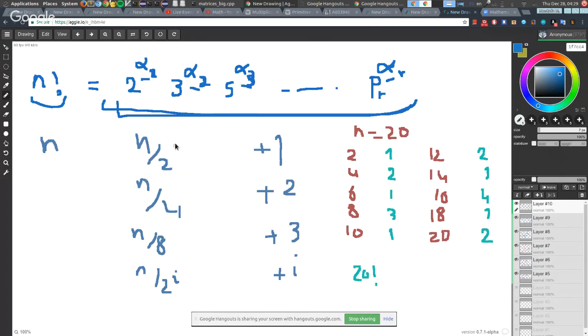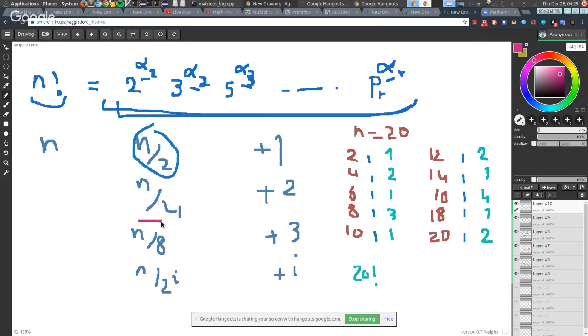When we take n over 2, we go through all these numbers and add 1 for each of them.